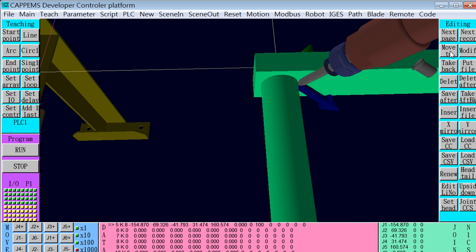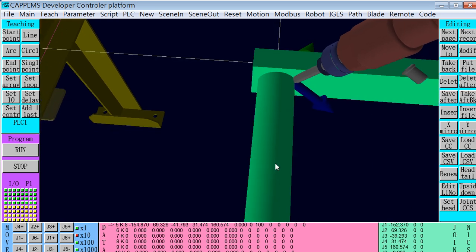Get a move tool. Then this direction is X positive and Z positive. Slower the speeds. S positive, go. Z positive, go. Okay. Like next one.